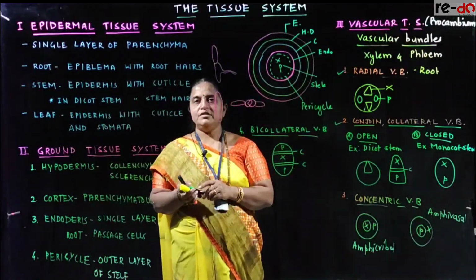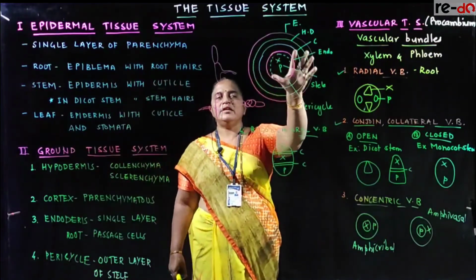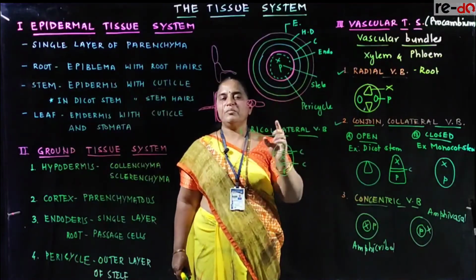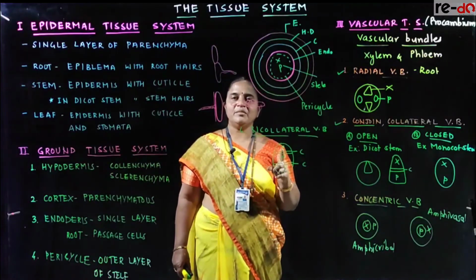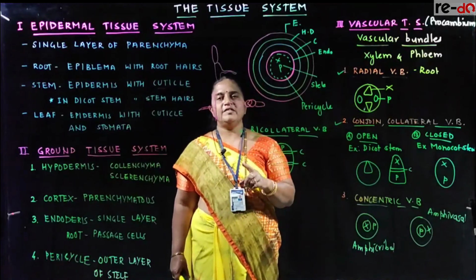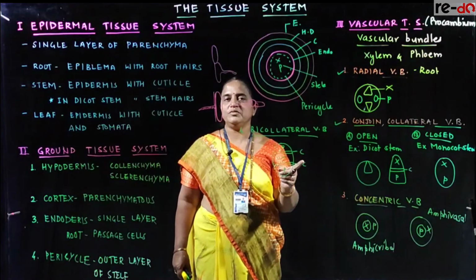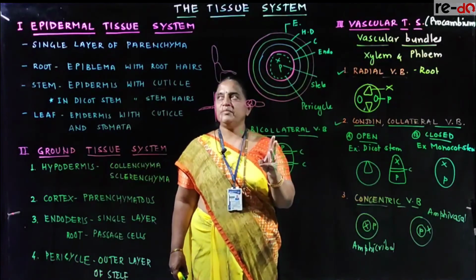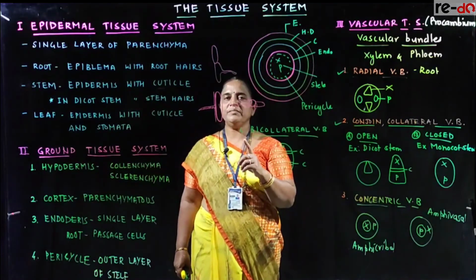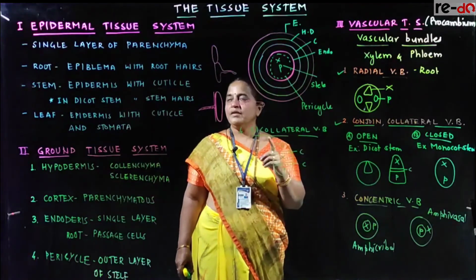So in this session you have learnt about the tissue system. It is the general arrangement of the tissues comprising parenchyma, collenchyma, sclerenchyma. These 3 are simple tissues, along with xylem and phloem, which are the complex conducting or vascular tissues. 3 tissue systems: epidermal tissue system, ground tissue system, vascular tissue system.